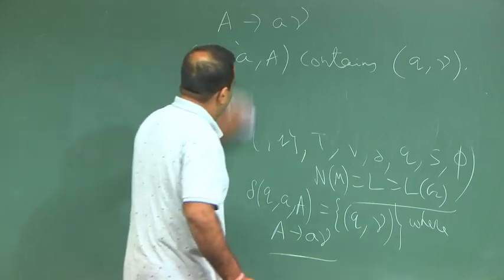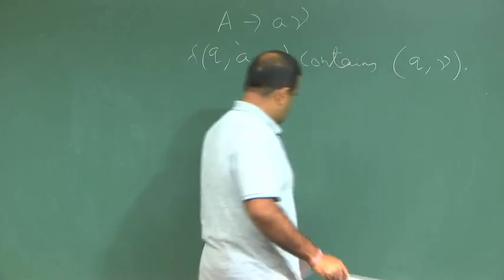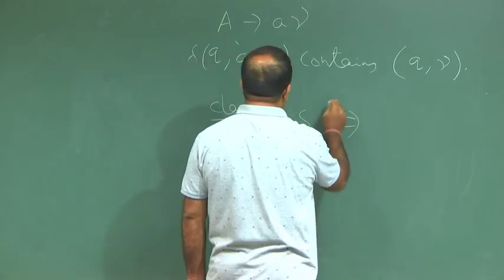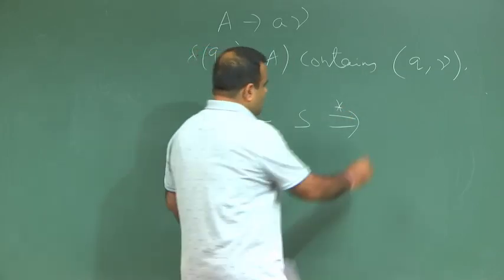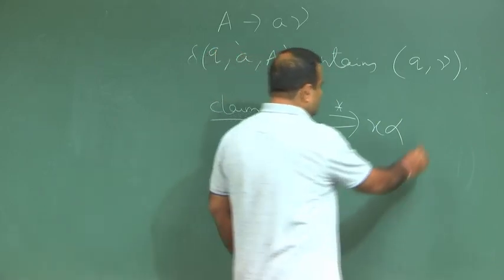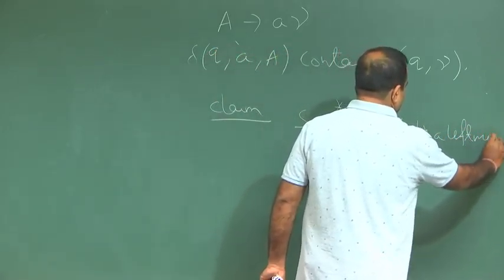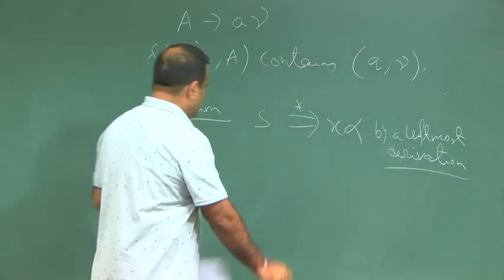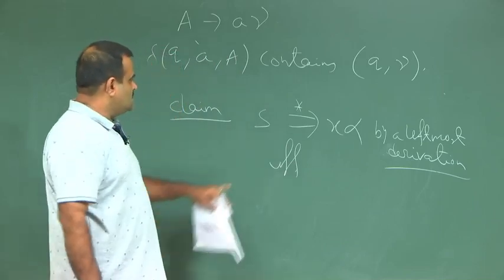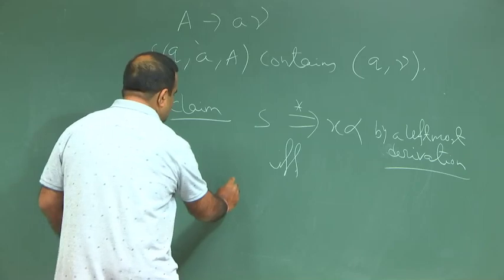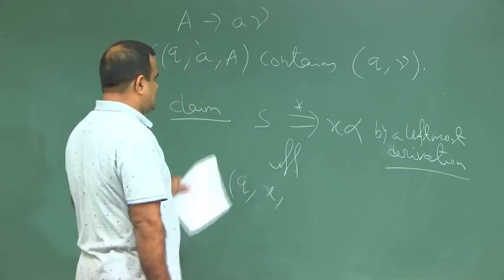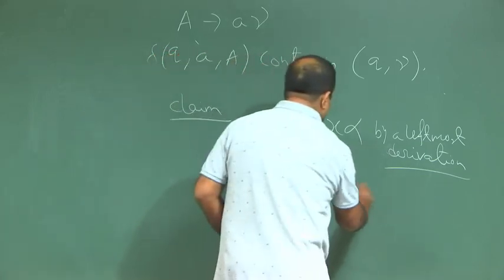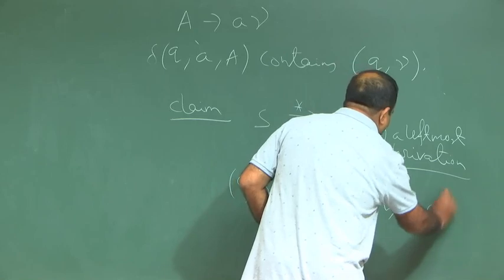Now, it can be shown that if we do like this, our claim is, it can be shown that S derives x alpha by the leftmost derivation, if and only if, means if this is happening, then this will happen, if and only if we start with q with the input x, and with the start symbol S in the stack, this will reach q, we do not care about the state, alpha.